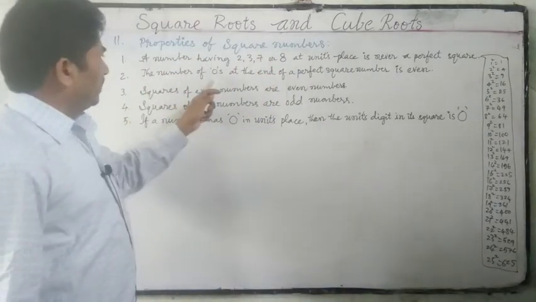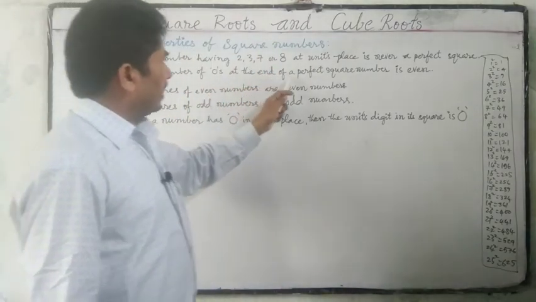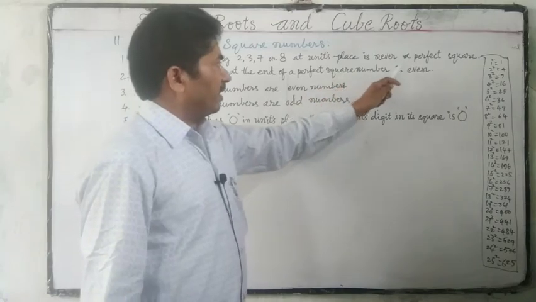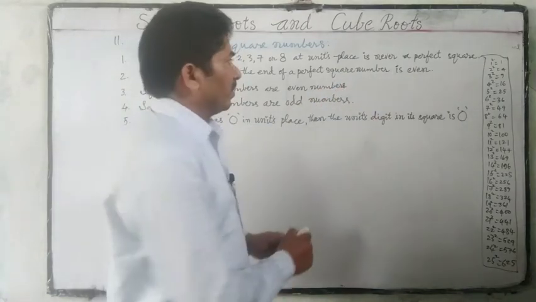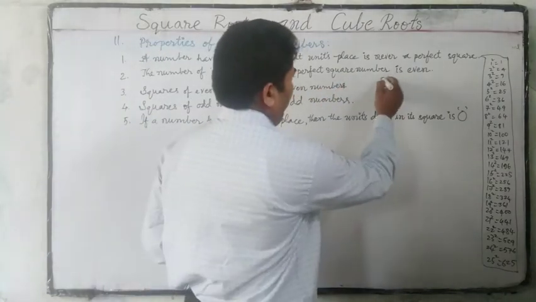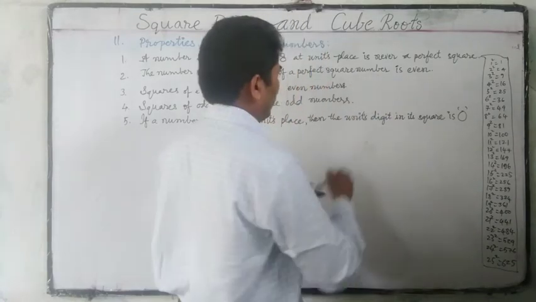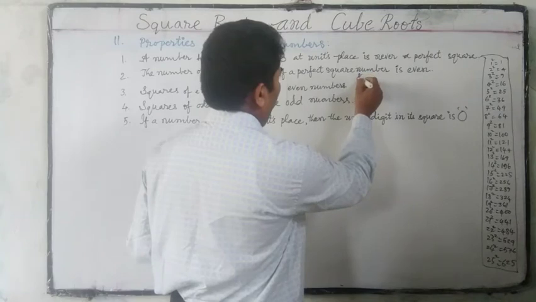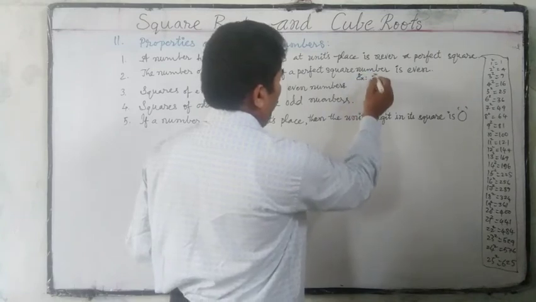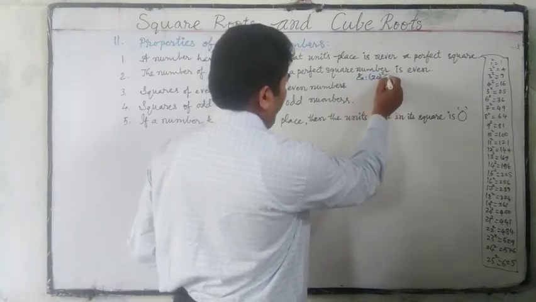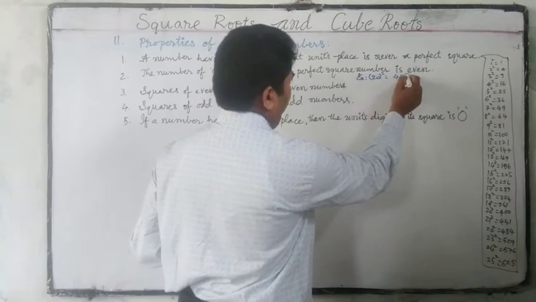Second, the number of zeros at the end of a perfect square number is even. For example, the square of 20 is 400.